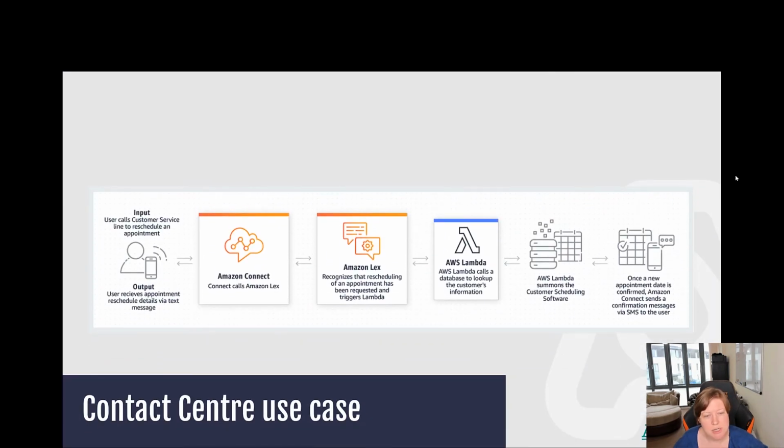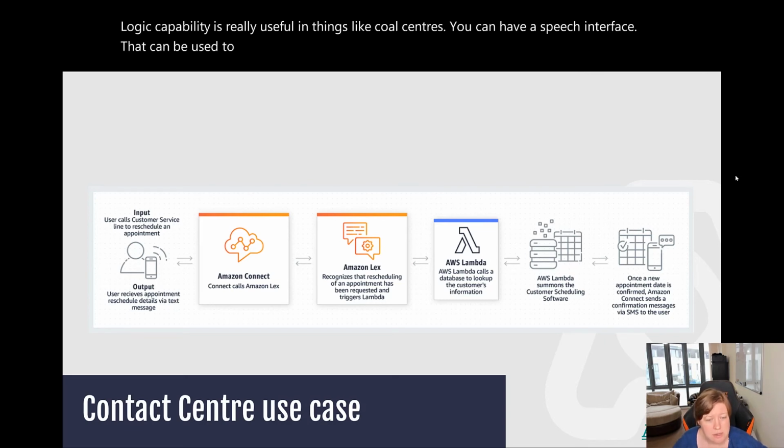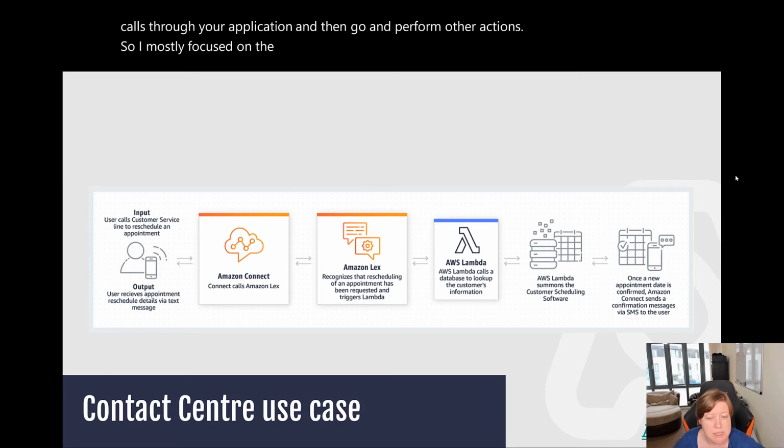Having a speech to text to logic capability is really useful in things like call centers. You can have a speech interface that can be used to go and find out information via the bot. It can go do the business logic calls through your application and then go and perform other actions. So I'm mostly focused on the Microsoft space, but the Amazon kit is also very effective for building bots.